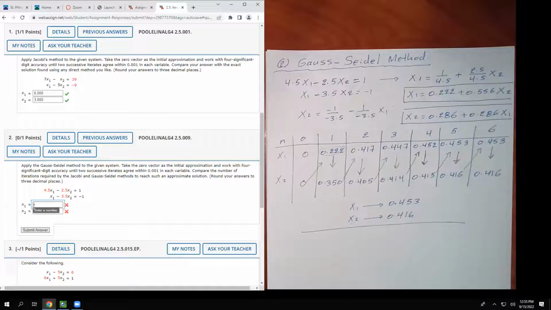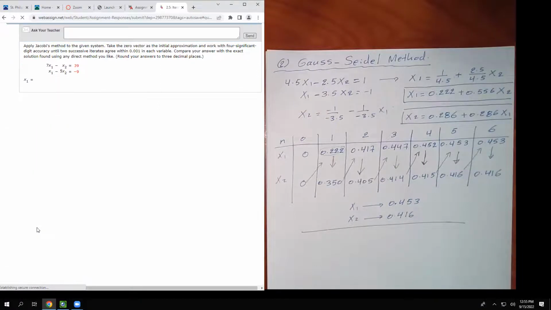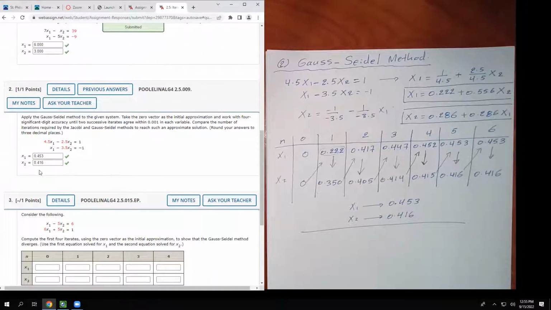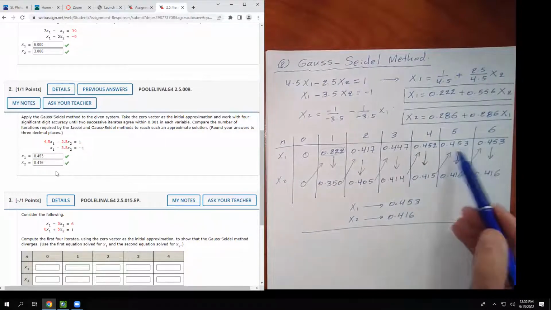So it's going to be 0.453, and the next one is going to be 0.416. 416, 453, 416. That's it. So how are we going to stop on this method? Even if you round the number, you see there is no change.